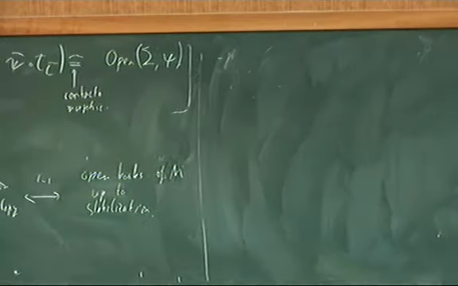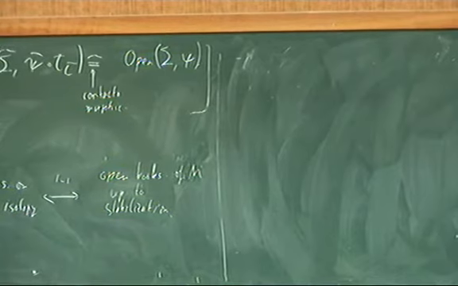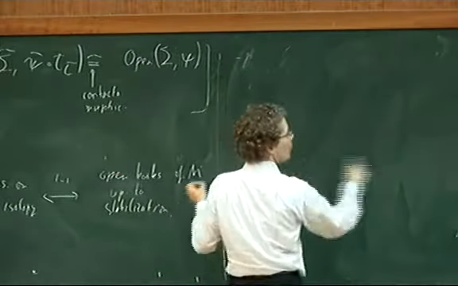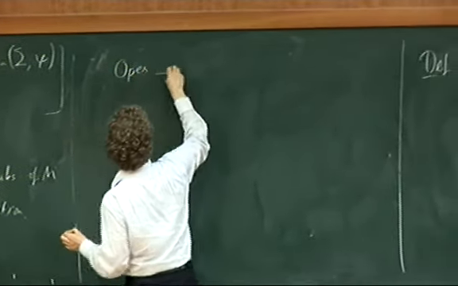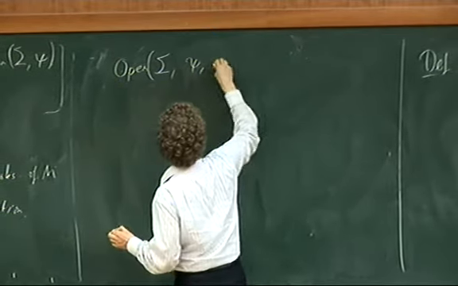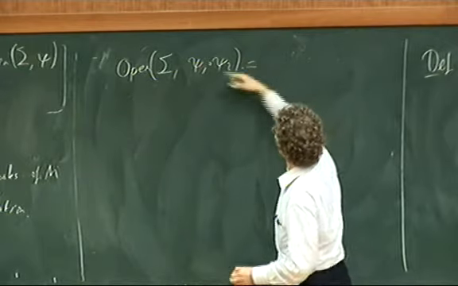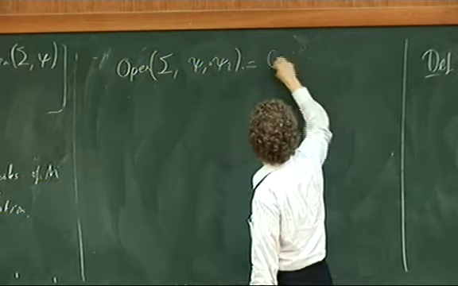Okay, so where was I? Open books are not unique. Maybe a remark, in case it wasn't obvious; it's not very important, I won't use it. If you have an open book with monodromy the product of two symplectomorphisms, then I can cyclically permute the order.